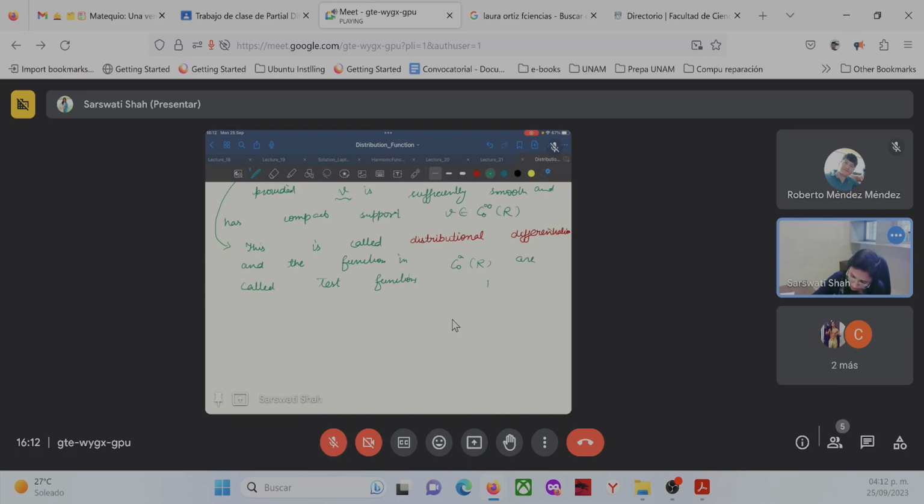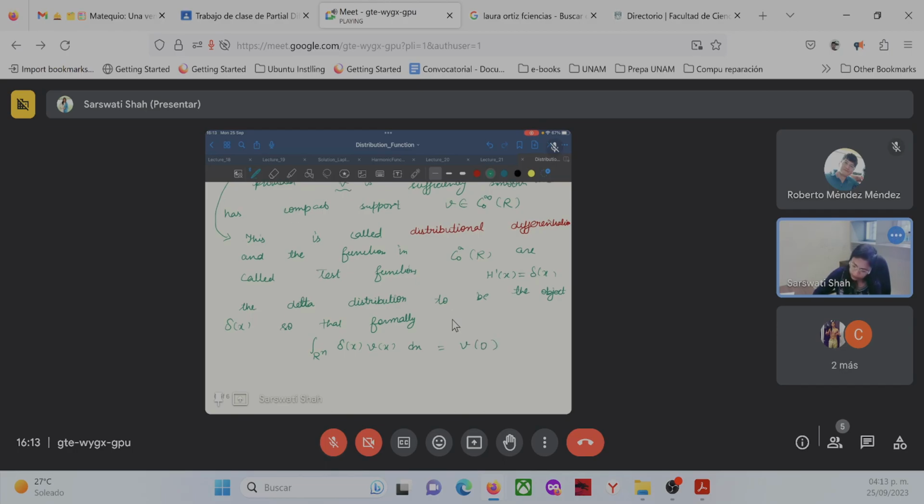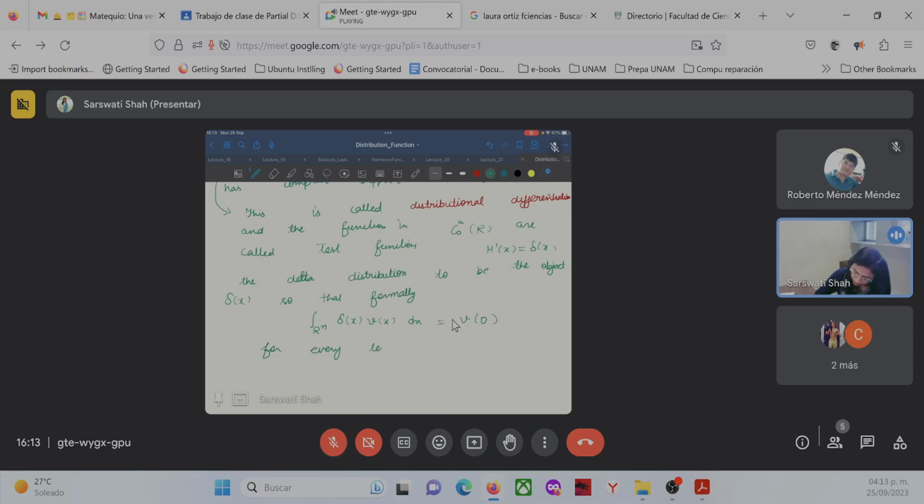Now since we know that h dash x is equal to the delta function, we take the delta distribution to be the object delta x, so that formally the integration over Rn of delta x v x dx equals v0 for every test function v belonging to C naught infinity Rn.